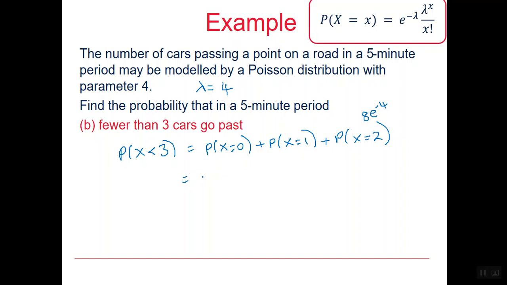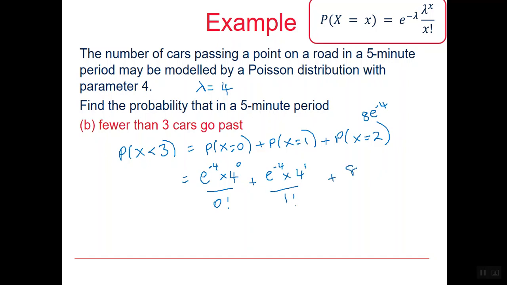So we would have e to the power of minus 4 again, and then we have lambda to the power of x, that would be 4 to the power of 0 over 0 factorial. And the second one would be e to the power of minus 4 times 4 to the 1 over 1 factorial.